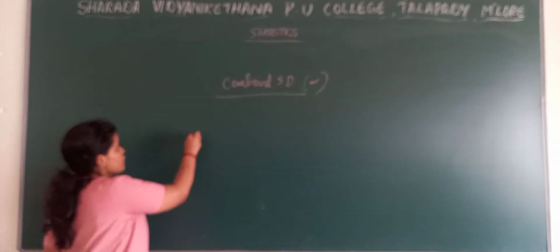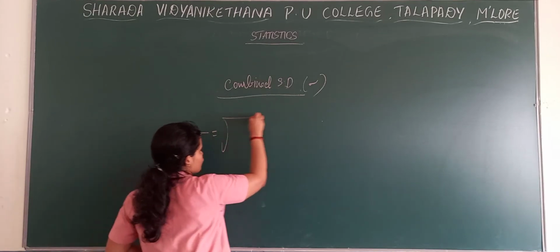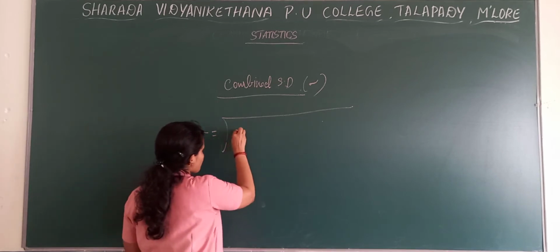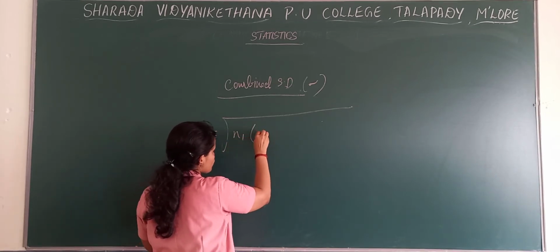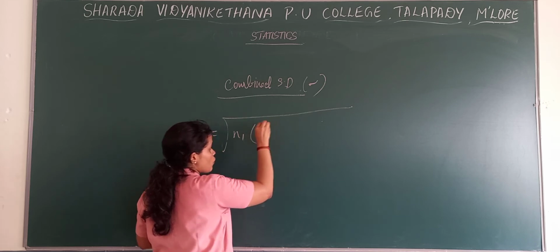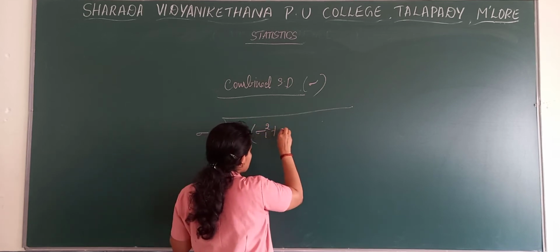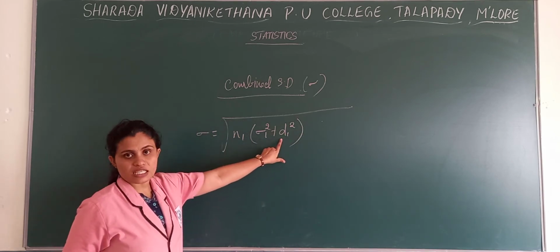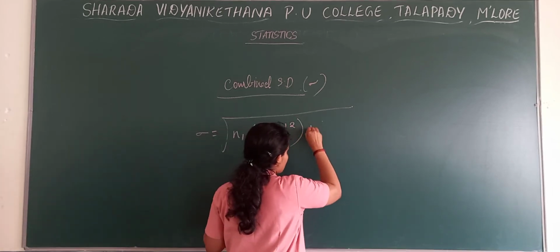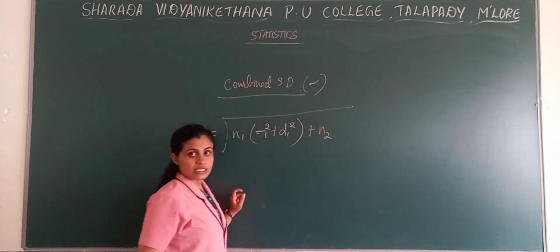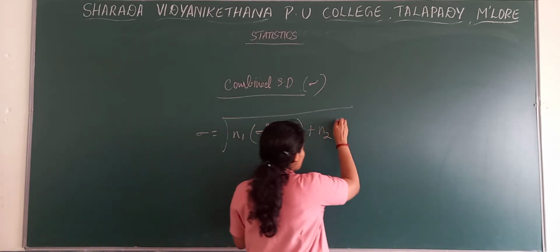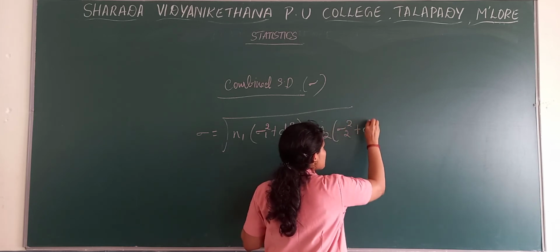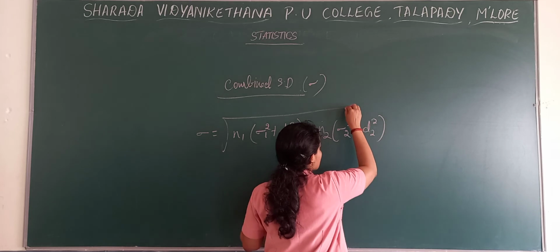So this combined standard deviation formula goes like, it's the root of n1 into standard deviation 1 square plus d1 square. That is, d is nothing but deviation. Then plus n2, that is second observation, multiplied with standard deviation 2 square plus d2 square.